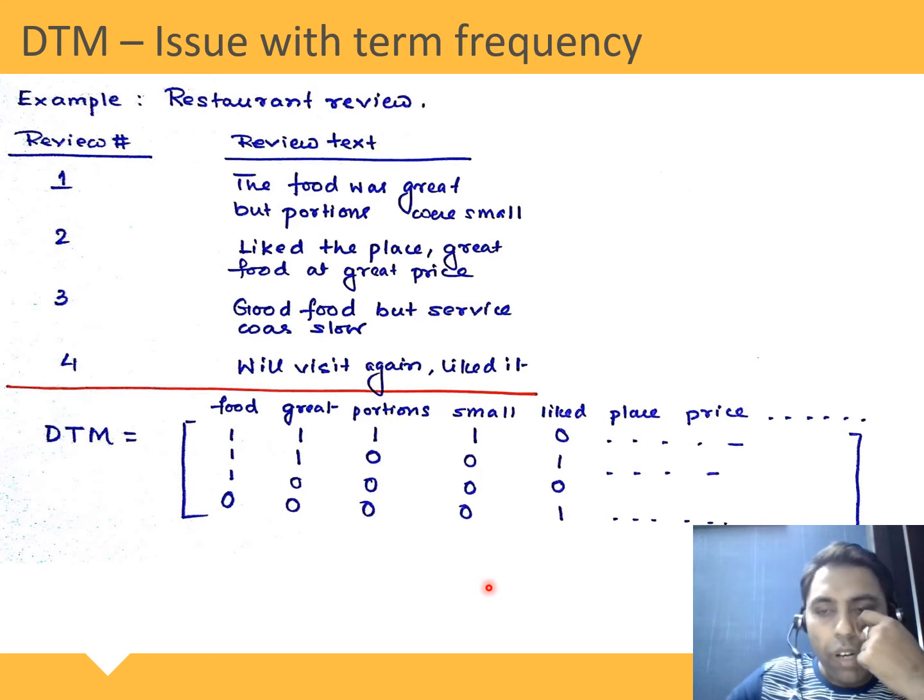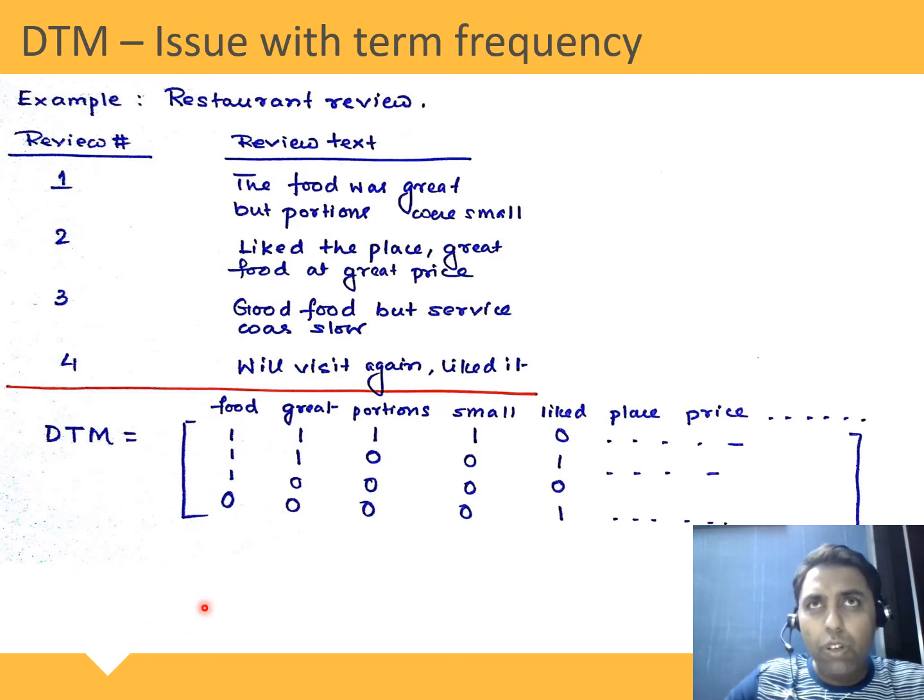One thing we immediately see here is that the word food appears in almost all of the documents, in this case 3 out of 4, 75% of the documents. This is expected because we are looking at restaurant review data, and the word food will appear across multiple documents. So what problem does it run into? If I follow the term frequency approach, I will give food a very high frequency or score across most of the documents.